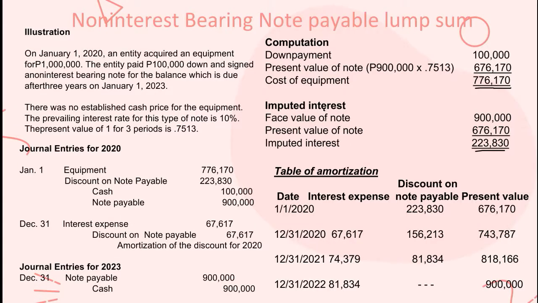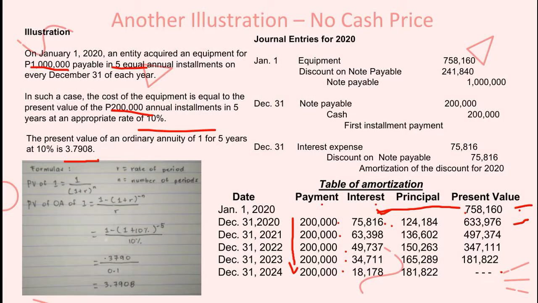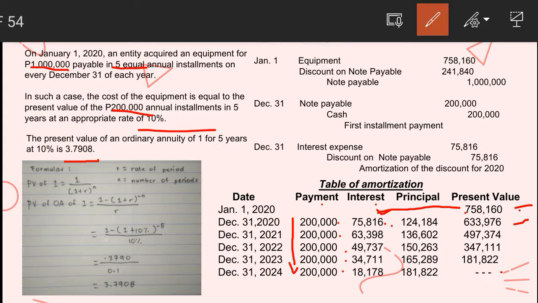Why 758,160? Because this is the cash price that you found. The note payable is 1 million that you will pay.